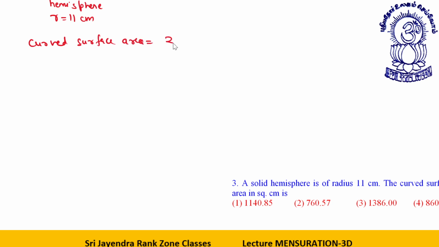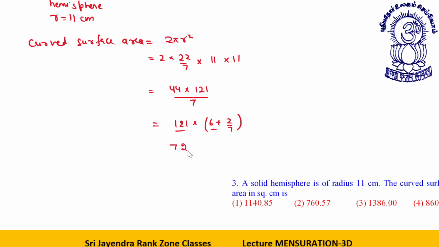Curved surface area will be 2 pi r square, that is 2 into 22 by 7 into 11 into 11, that is 44 into 121 divided by 7. 121 into 6 will be 726, plus 121 into 2 by 7, this will be near about 34, a little bit more than 34.